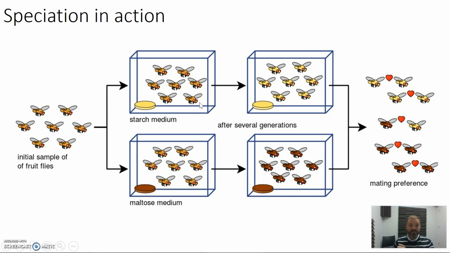This can actually be shown experimentally with fruit flies. Fruit flies are a really good lab animal because they reproduce very quickly and they have fairly simple genetics. If you have one population of fruit flies and you feed one lot starch and one lot maltose, which is a different type of sugar, you can have many generations.